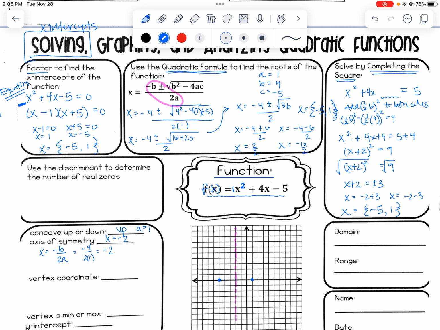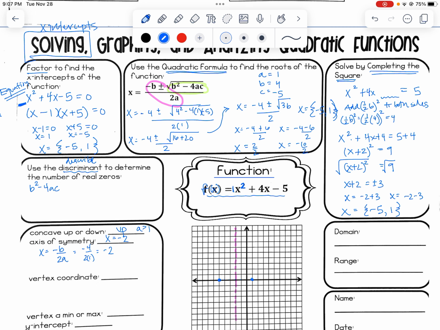Now, the second part of this is the discriminant, this part in green, which is going to describe the roots. It's more of a qualitative than quantitative description of what the roots will be doing. The discriminant is b squared minus 4ac, and it tells you how many and the nature of the roots. So it qualifies them, it describes them.